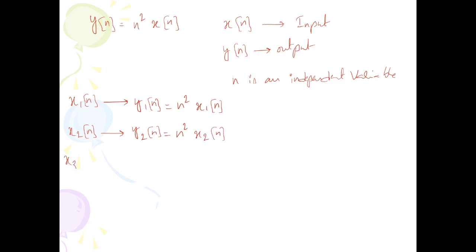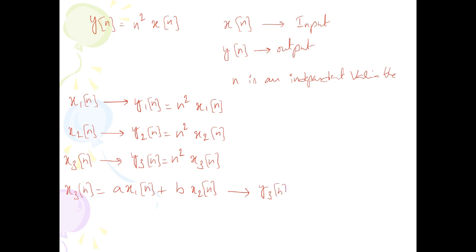Then you apply x3 of n, then you should get y3 of n, which is nothing but n square into x3 of n. Now what is x3 here? x3 of n should be equal to a into x1 of n plus b into x2 of n, and this should give y3 of n, which will be equal to n square into x3 of n. What is x3 of n?